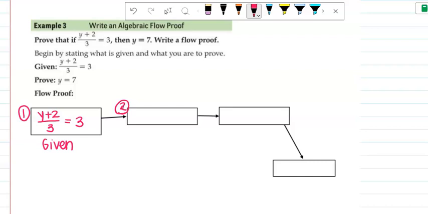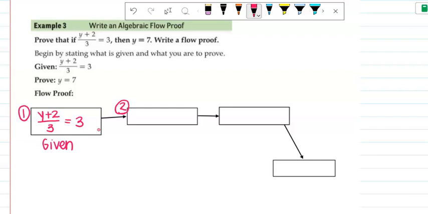Okay, so we can do this a couple different ways. We know that our proof, we're only allowed to use 4 boxes. If you're writing this by yourself, you can use a different number of boxes if you want. The next thing that I would do to solve this is I would multiply both sides by 3. So in my head, I don't necessarily need to show that multiplication.